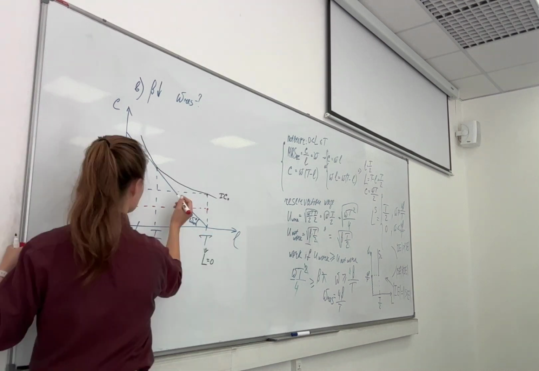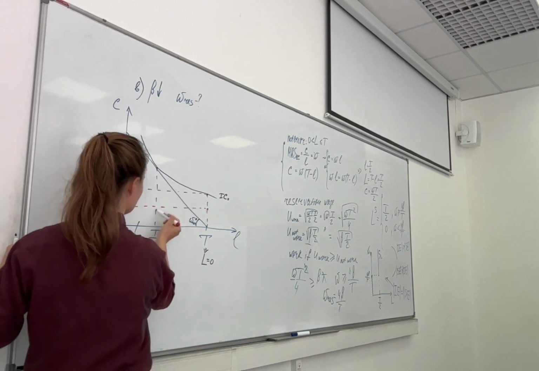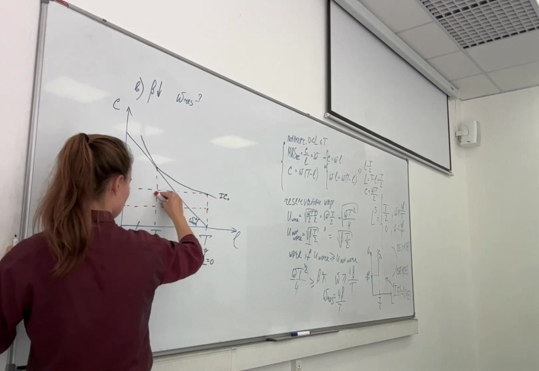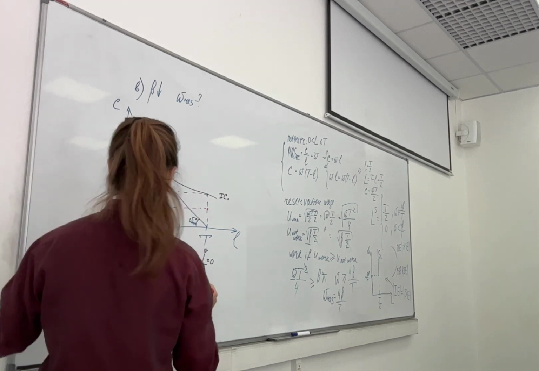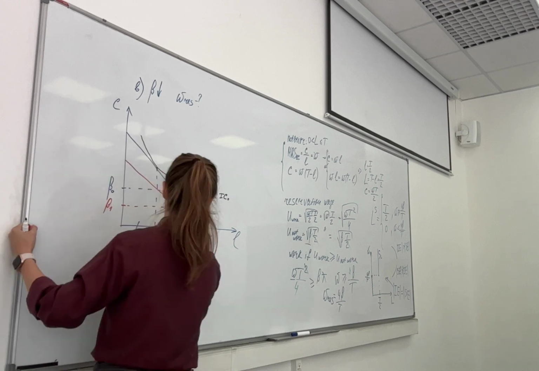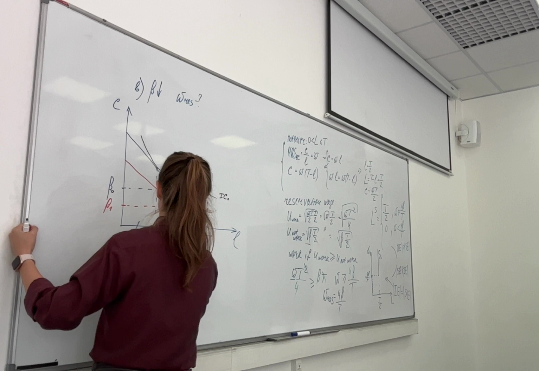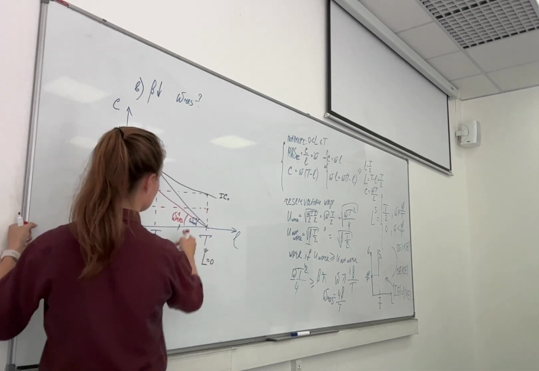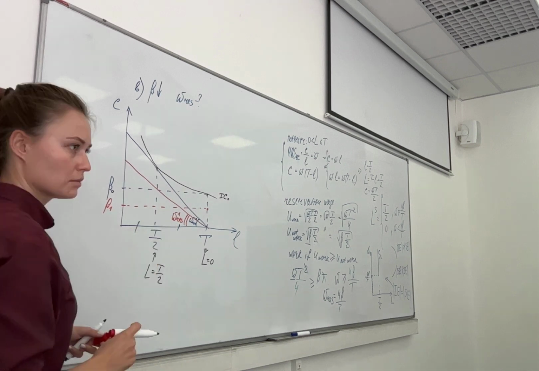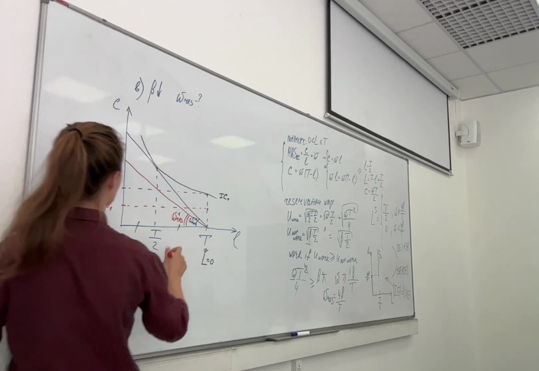So we will choose a point somewhere here, and it will be flat. So let's do it. You see the slope is lower.